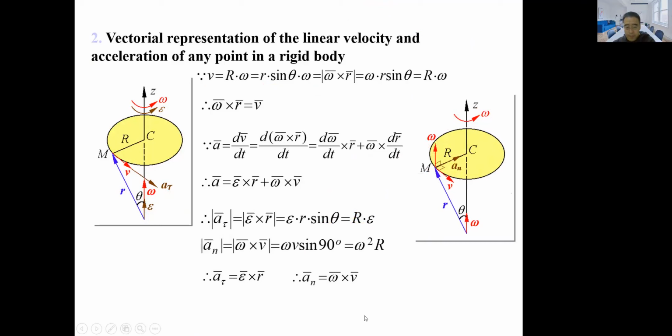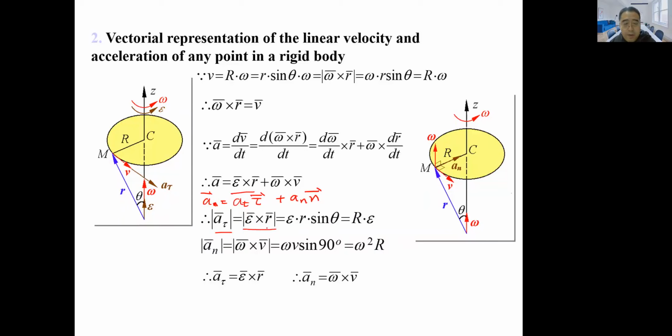So you can see this part, a tau, is this. From the natural coordinate system, AT is along the tau direction plus AN along the N direction. So we will have this. So a tau equals this one.